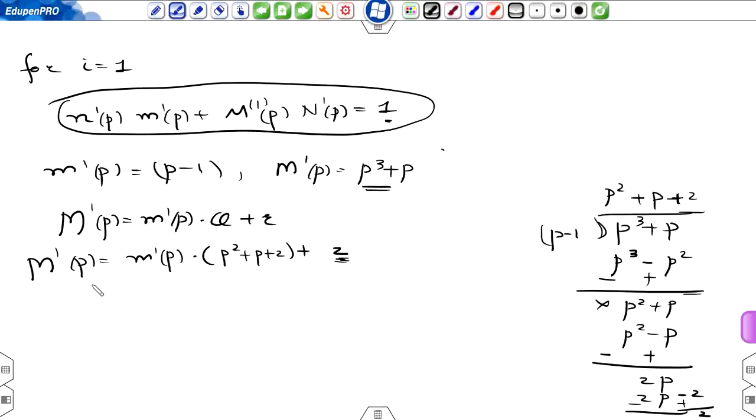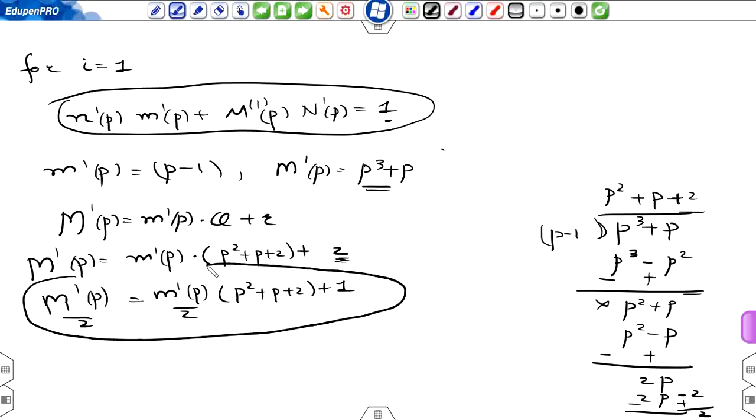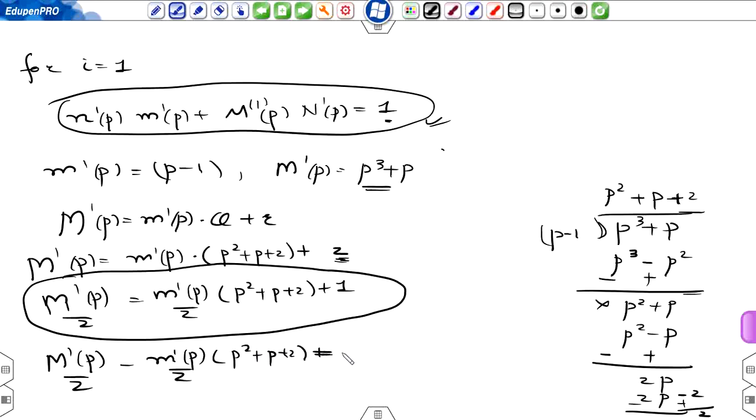Okay, now dividing both the sides by 2, I have M1p divided by 2, small m1p divided by 2, p square plus p plus 2 plus 1. So now compare this equation and this equation. Okay, so I have to rearrange this equation. So 1 on the right hand side and remaining terms on the left hand side. So M1p by 2 minus small m1p by 2 bracket p square plus p plus 2, that is equal to 1.